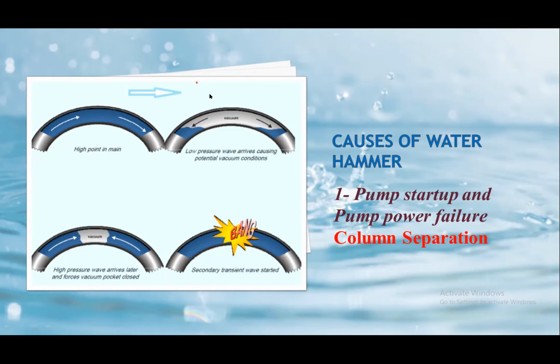And that will cause negative pressure as we talked before, and there's going to be a vacuum here. There's going to be a vapor. The water or the flow is going to turn to vapor. Well, when the pump starts up, this will lead the column at the pump direction to move towards the destination column because of the pressurized system. Now the pump is working and it's turning into a pressurized system.